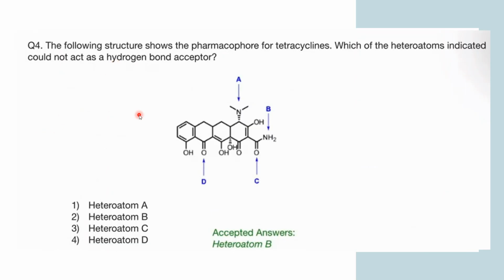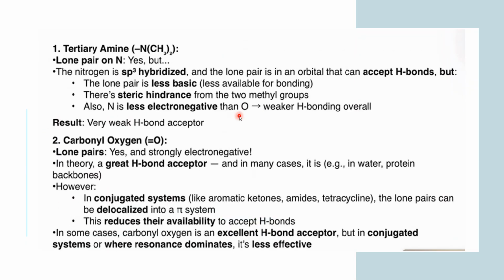So here, heteroatom A, that is this tertiary amine. First of all, see this tertiary amine, it has a lone pair on nitrogen. Yes, the nitrogen is sp3 hybridized, and the lone pair is an orbital that can accept hydrogen bonds. But the lone pair is less basic.